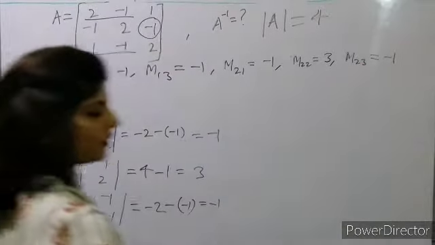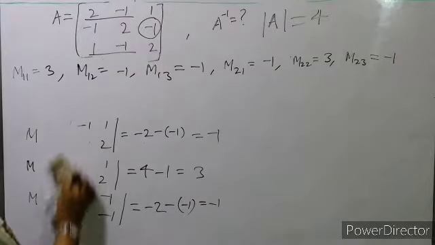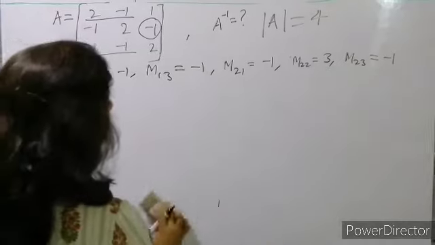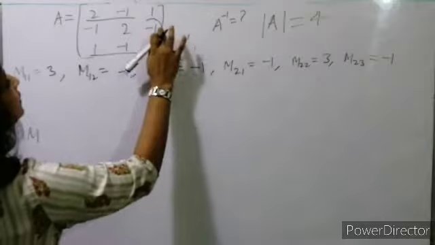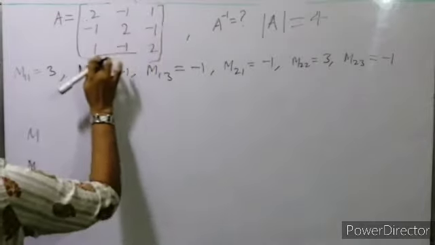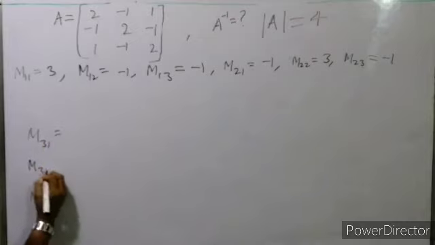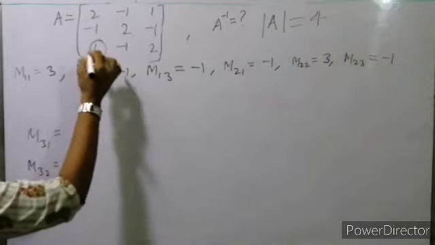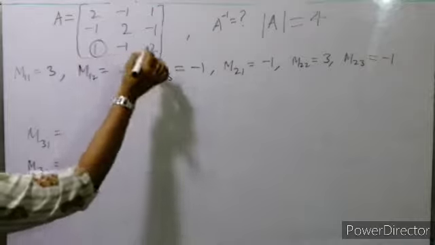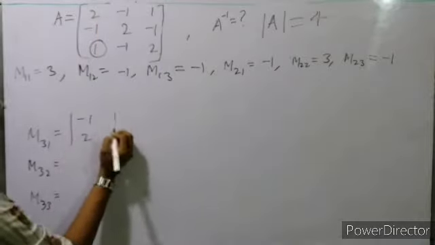Now we'll find out the values for the third row. Okay, so minus for the third row. Now M31, M32, M33. For 3 1, we'll remove the whole column and whole row. What is left behind? -1 2 1 -1.